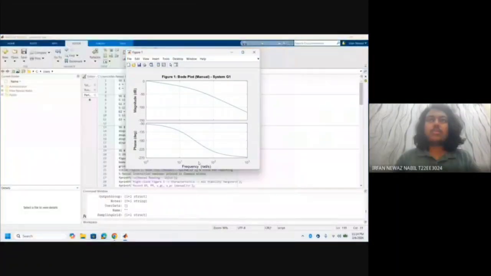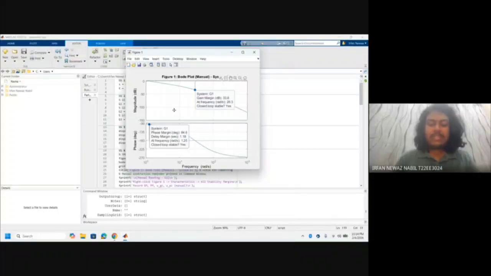In figure 1, we can see this is basically a type 1 system because there is only one pole at the origin. The magnitude plot shows a negative 20 dB per decade slope at low frequency, confirming the integrator, and at high frequency the slope steepens due to additional poles at negative 20 and negative 40 radians per second.